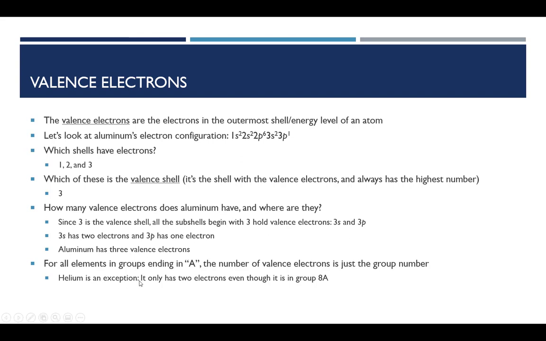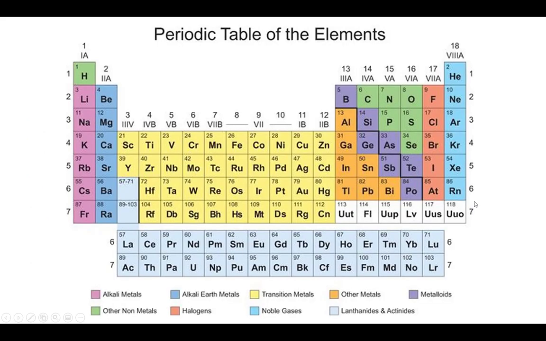Helium, as element number 2 on the periodic table, only has 2 electrons. Even though it's in group 8A, there's no way it could have 8 valence electrons. So helium has 2. Let's take a look at the periodic table here to see what I mean by the group numbers. You'll notice there's a new way of doing it, 1, 2, 3, 4, just numbering them to 18.